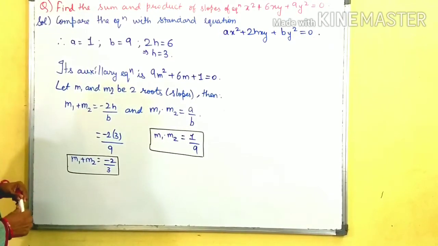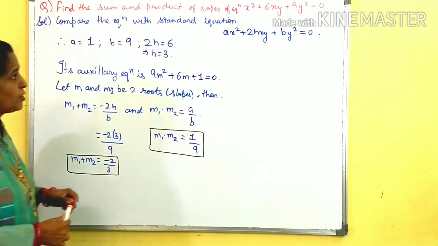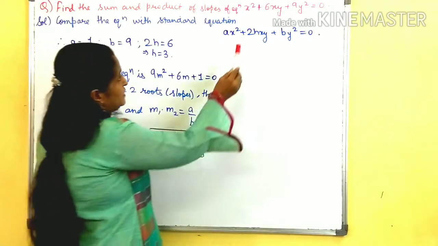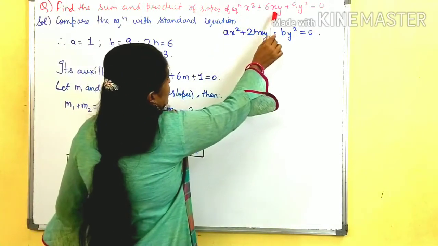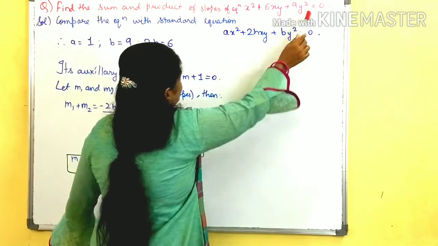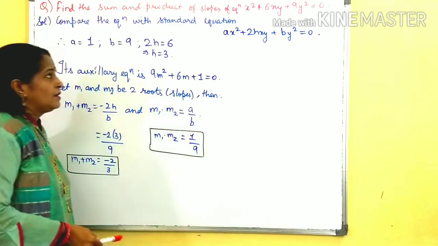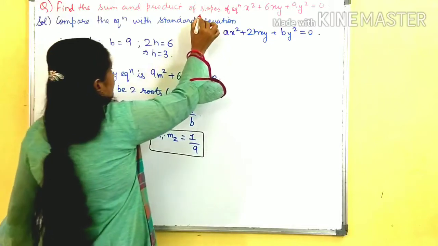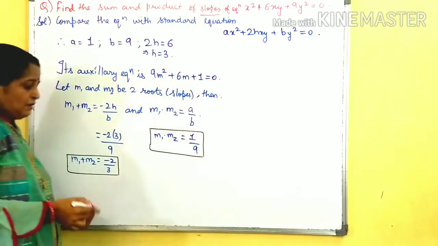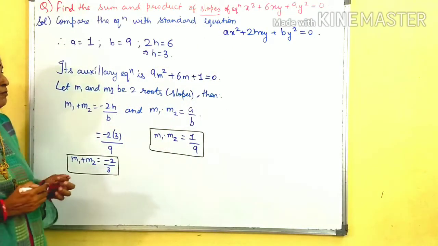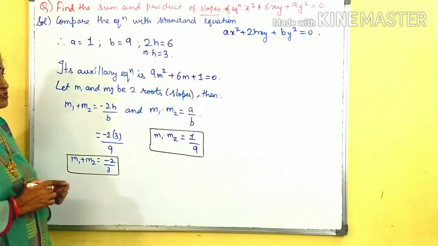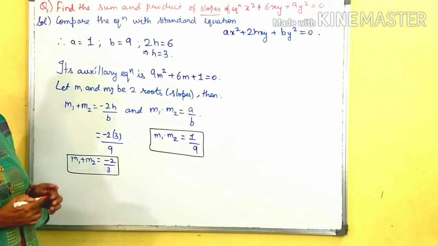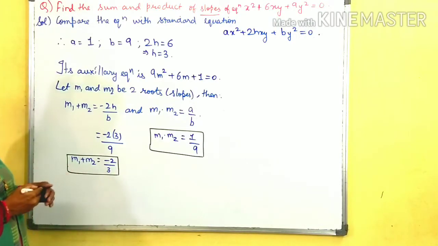Next example is find the sum and product of slope of equation x square plus 6xy plus 9y square is equal to 0. Now here use the word slope. For that slope, we have to find its auxiliary equation and use the result for sum and product.